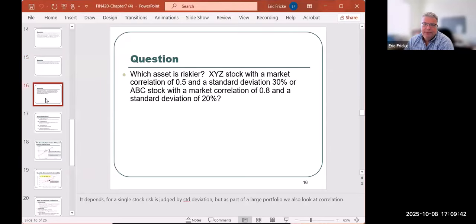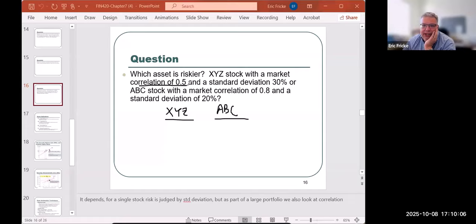Another question, which asset is riskier? And let's write these down. So we've got XYZ, and we have ABC. So two stocks, right? And we're going to give two pieces of information.